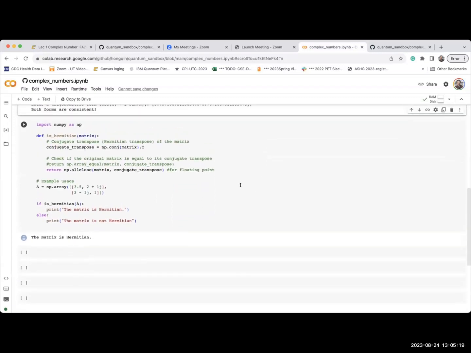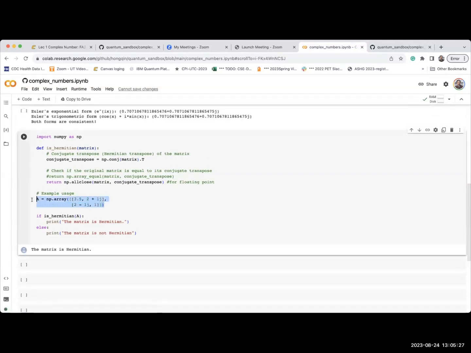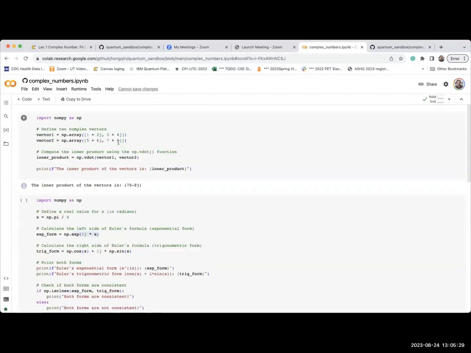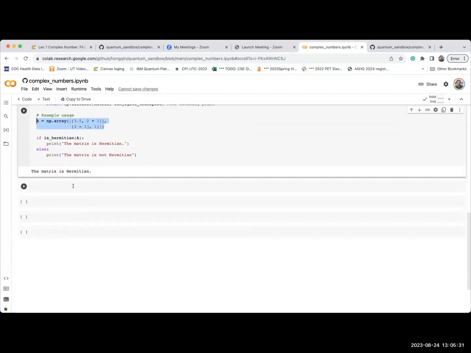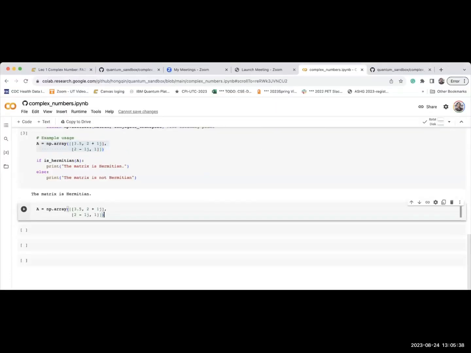So which matrices are we going to do? Let's see. I'm trying to look at the note I wrote.